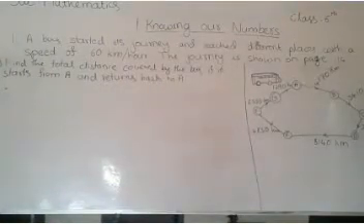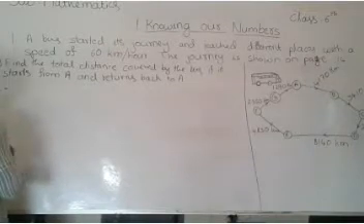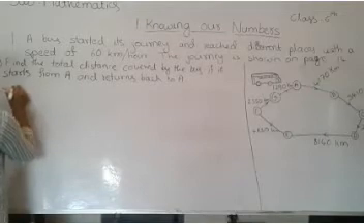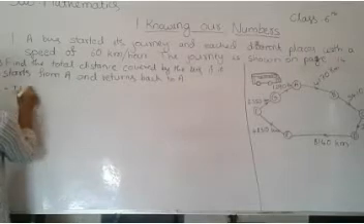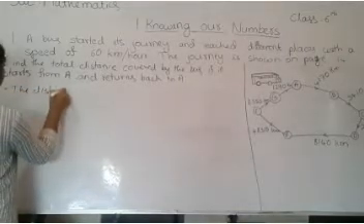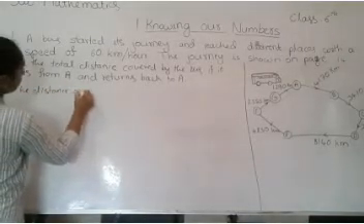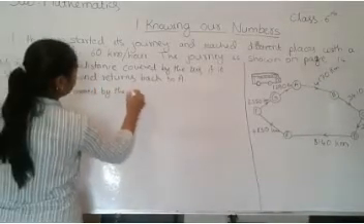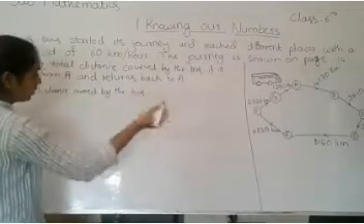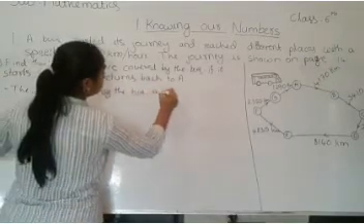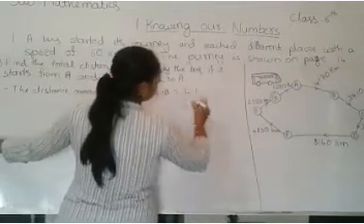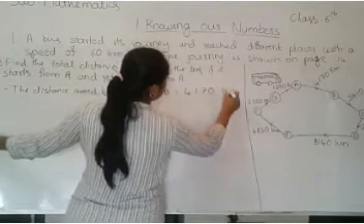Answer. The distance covered by the bus A to B is 4170 kilometer.